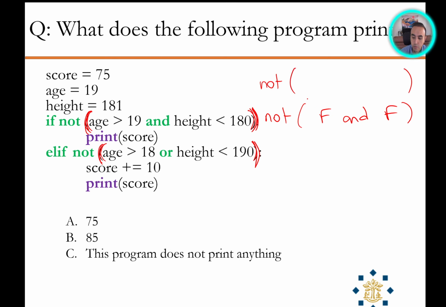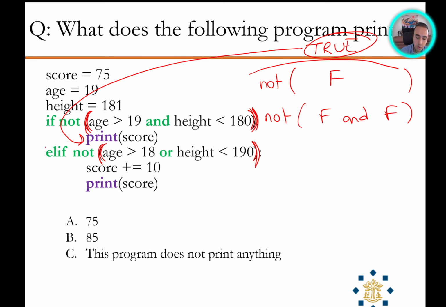So you first do the inside parentheses. False and false, that's a false. But not false is actually true. Since it is true, we are inside the if block and we print score. We don't actually check this one because it's true. So this starts with an else with conditions on the first one to be false, but that's not the case. So we print 75, which is the score.